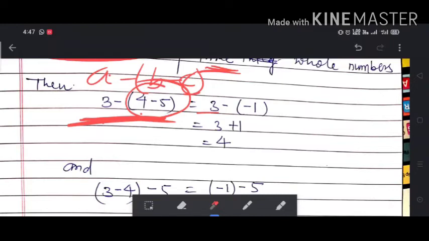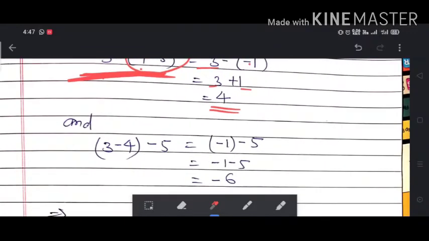This will be equal to 3, and minus minus becomes plus, so 3 plus 1 is equal to 4. So in the first case we get the result as 4. Now let's see the second format, that is (A minus B) minus C.